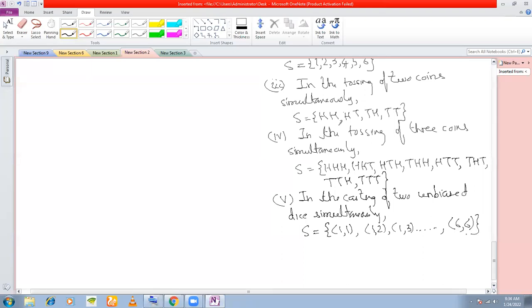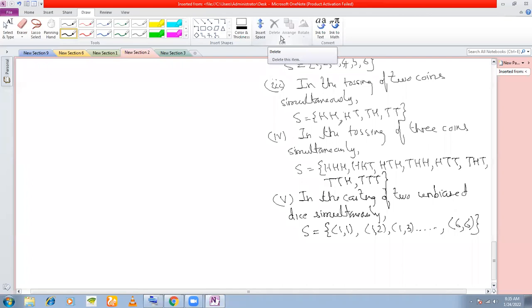Now, you know how to write the sample set, but suppose I give you a pack of 52 cards, and I ask you what is the sample space in this case. Can you actually write the sample space in case of cards? What are the possible outcomes? Suppose from a pack of cards, you're drawing out a single card. Can you write down the sample space?